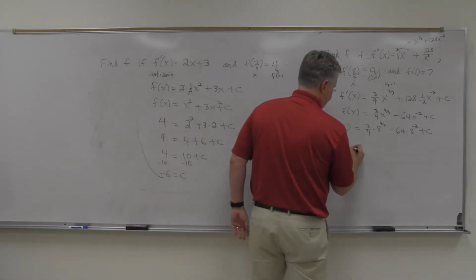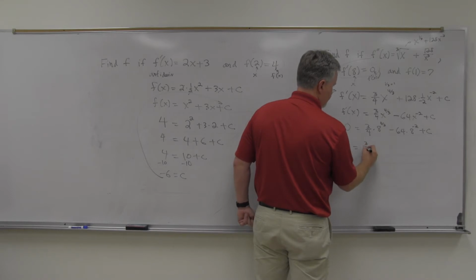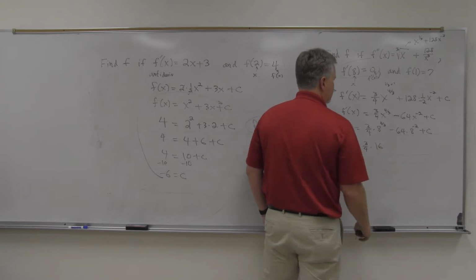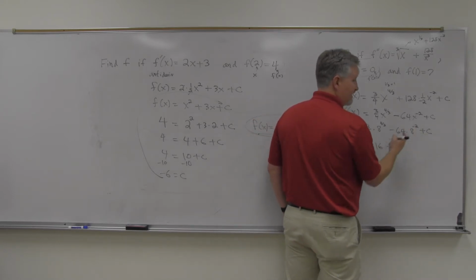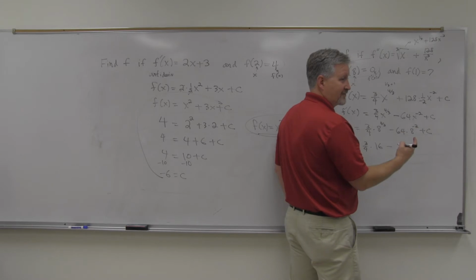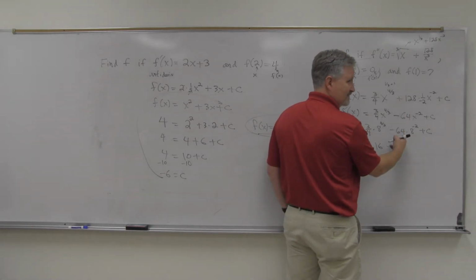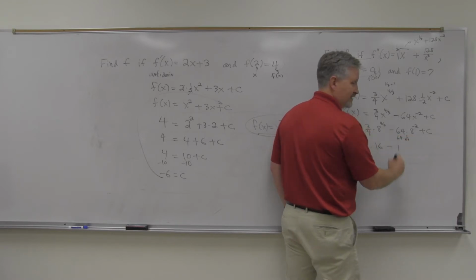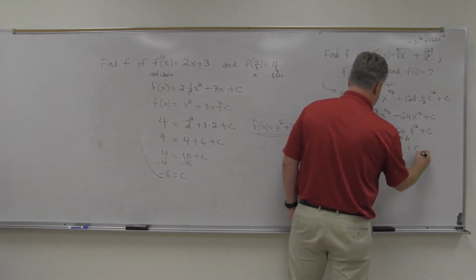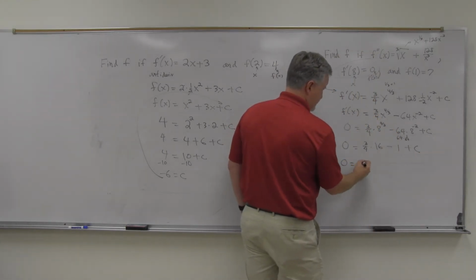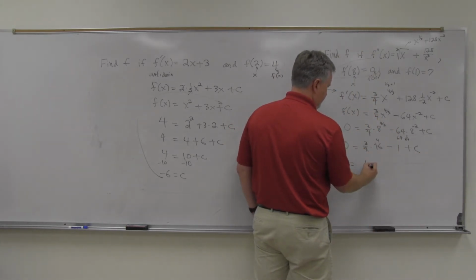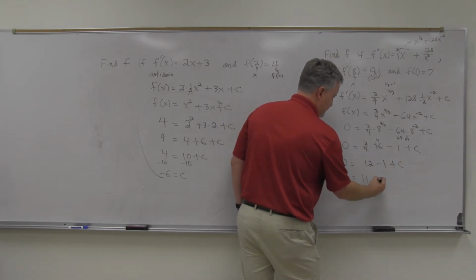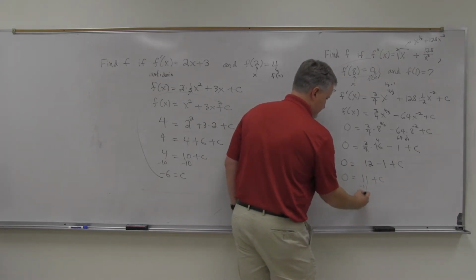Works out pretty nicely. 8 to the 4/3, that's cube root of 8, which is 2, to the 4, that'd be 16. 8 to the negative 2, that's 1 over 8 squared, which is 1 over 64. So 64 times 1 over 64, that's just minus 1. 3/4 of 16, see the 4 would cancel, so you have 12. So 12 minus 1 plus c, that's 11 plus c, so 0 equals 11 plus c, so it looks like c is negative 11.